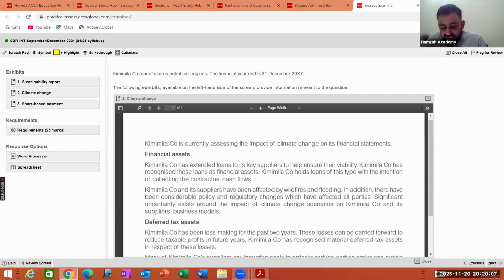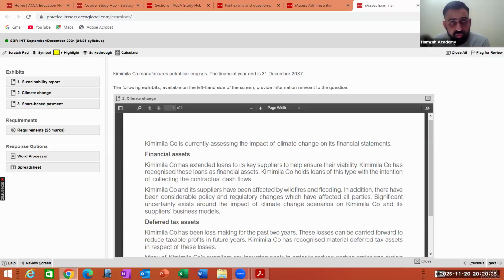And now due to climate change, flood, wildfires, they have been affected. So the ability of their supplier to pay them back has been affected. So there is a chance now that due to these climate changes, your borrower, the company in which you have invested, your supplier, may default.